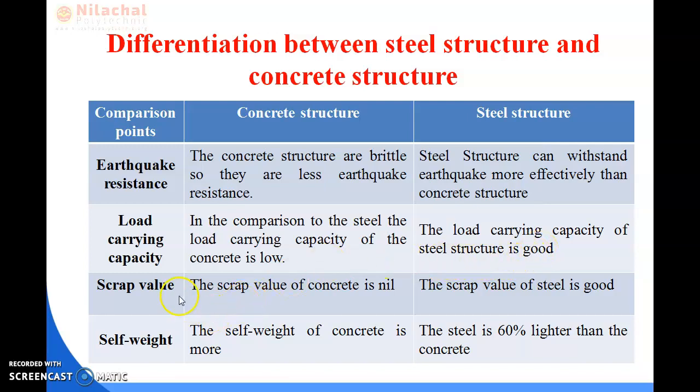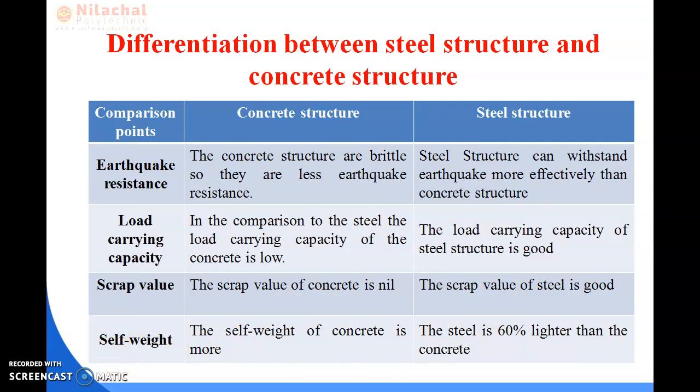Then scrap value. The scrap value of concrete is nil. But in case of steel, the scrap value is there and it is suitable for the longevity of the structure.